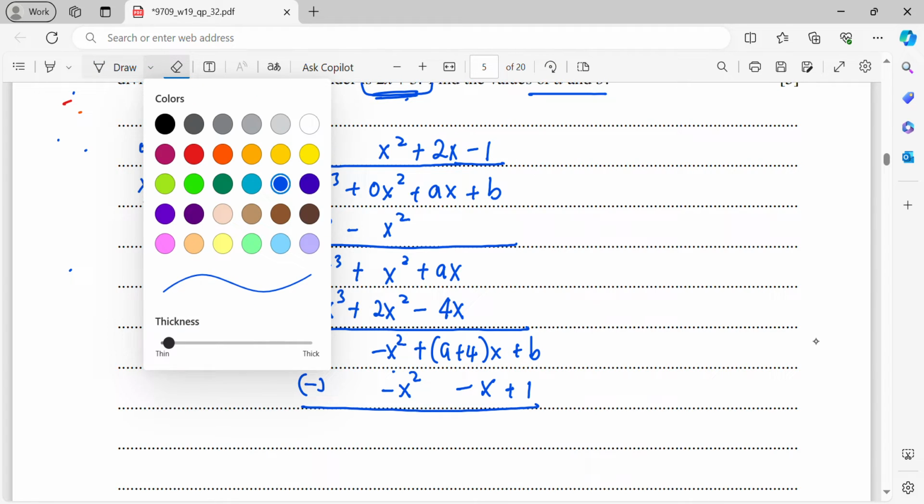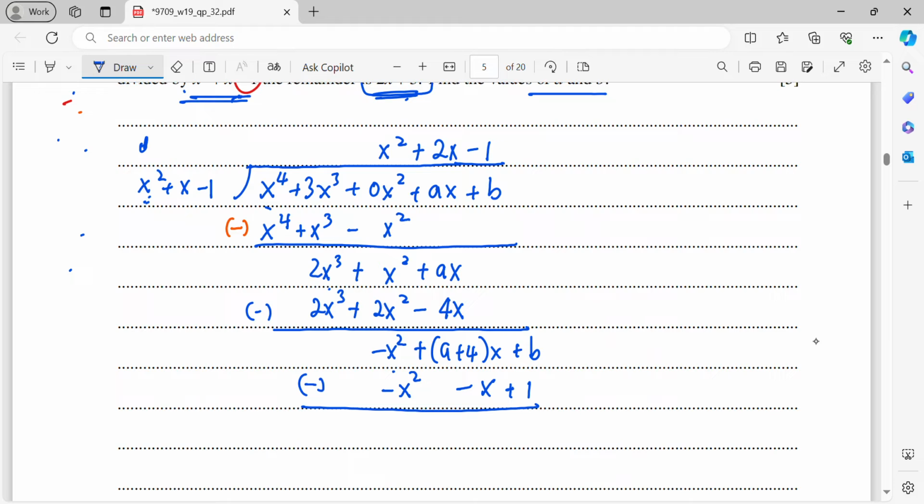From here, the first term will be 0. For the second term, 2x times minus 1 is minus 2x. Again, this is a mistake, minus 2x. Alright, so the first term will be 0.